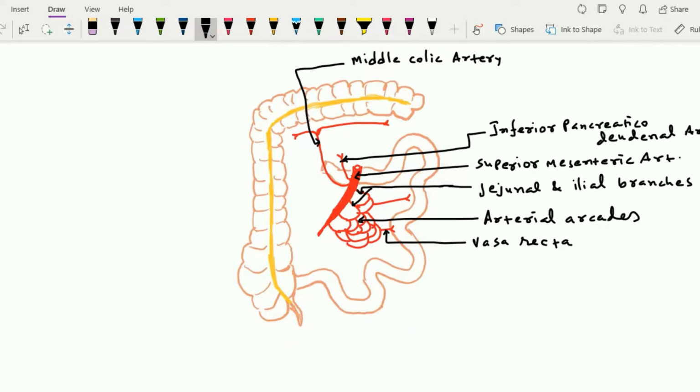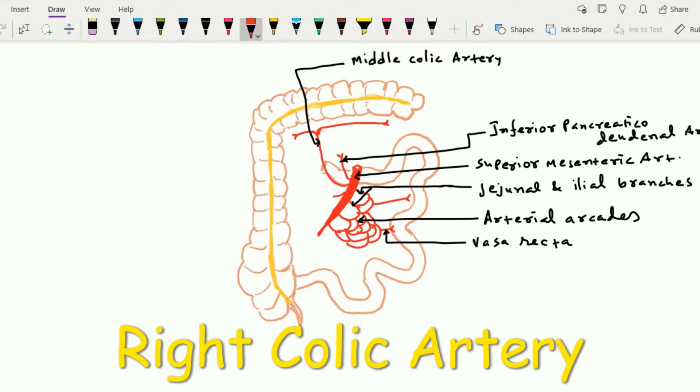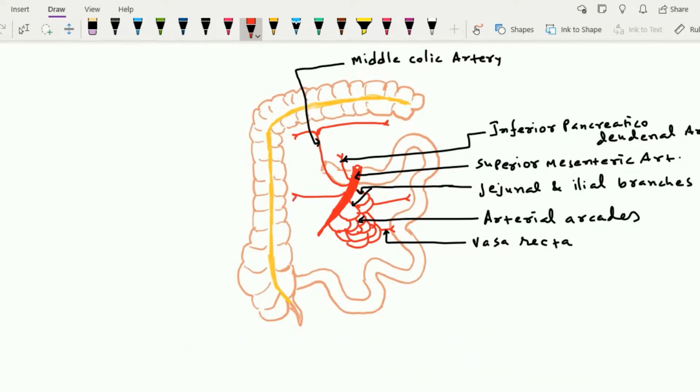Another artery from the right concave side of the superior mesenteric artery is the right colic artery, and it arises from the middle of the concavity of the superior mesenteric artery.